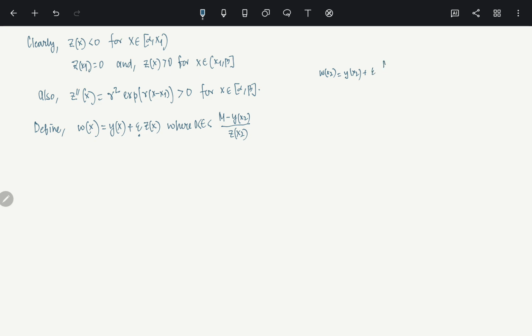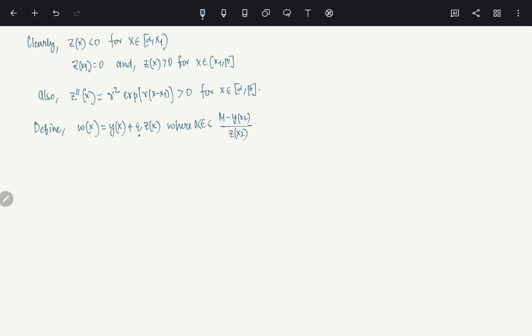So this is strictly less than m minus y of x2 by z of x2 times z of x2. So this is gone. So this will be strictly less than m. You see, we are constructing this w in such a way that w at the point x2 should always be less than m. Why we are doing it, I will explain to you right now. Okay, so this is the reason why we are choosing an epsilon like this.